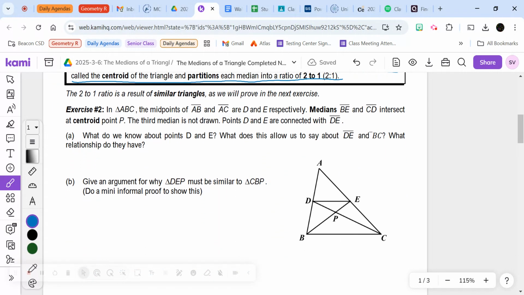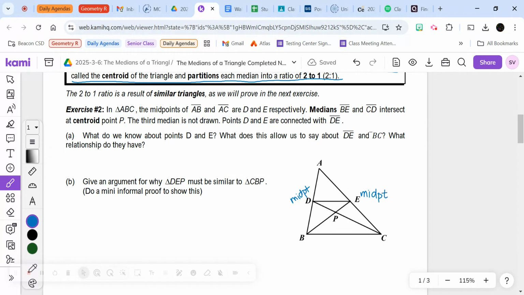Now, looking at exercise 2, right above it, it says the 2 to 1 ratio is a result of similar triangles, as we will prove in this exercise. So exercise 2 says in triangle ABC, the midpoints of AB and AC are D and E respectively. Okay, so I'm actually going to mark just that they are midpoints on the diagram. Okay.